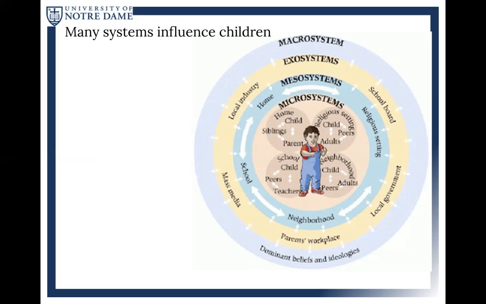The psychologist Bronfenbrenner developed this theoretical framework to explain these systems, and a piece of that is teachers. As teachers, we don't have control over most of these systems. However, we do have control over our small piece of them.